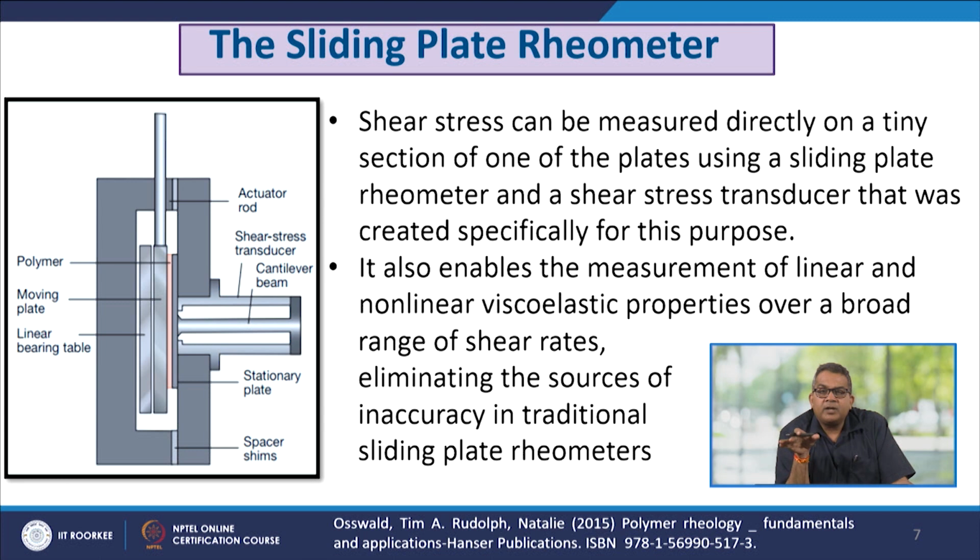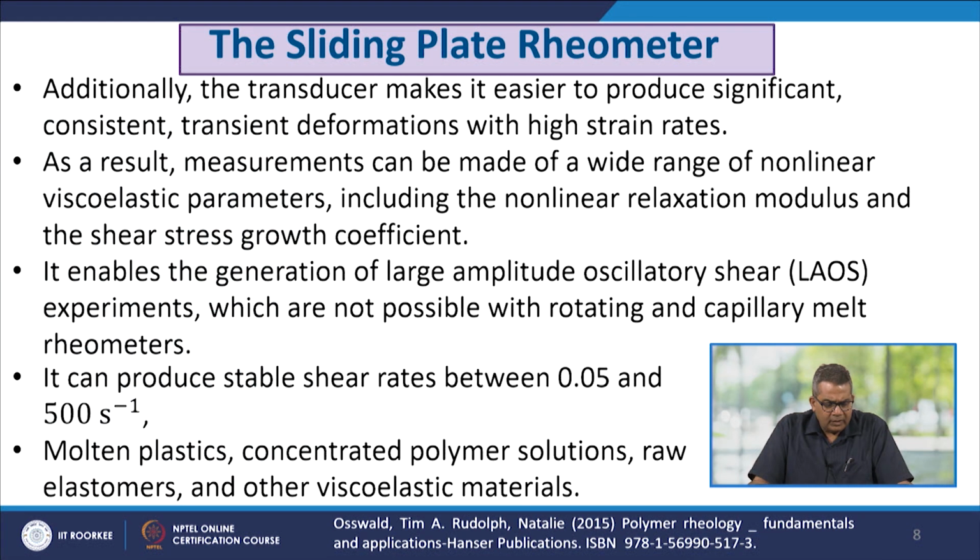It also enables the measurement of linear and non-linear viscoelastic properties over a broad range of shear rates by eliminating the source of inaccuracy in traditional sliding plate rheometers. Additionally, the transducer makes it easier to produce significant, consistent transient deformation with a high strain rate.